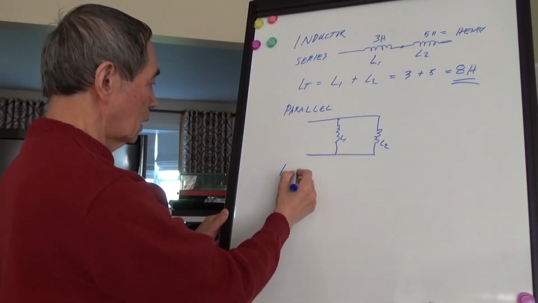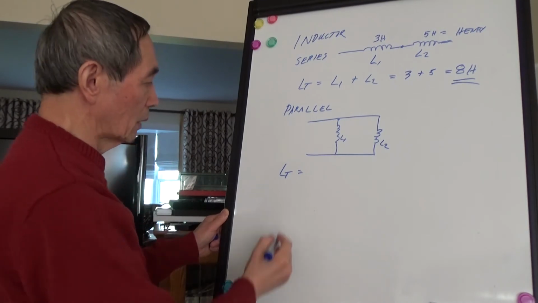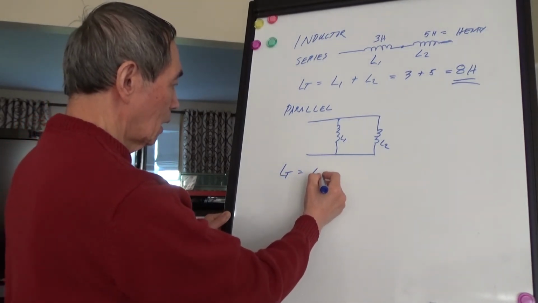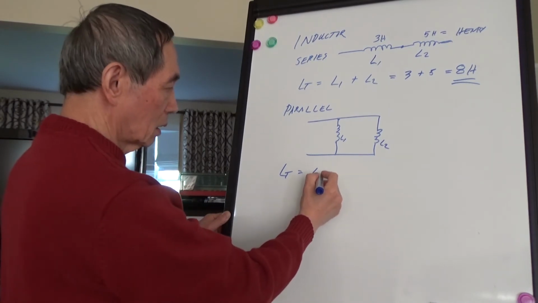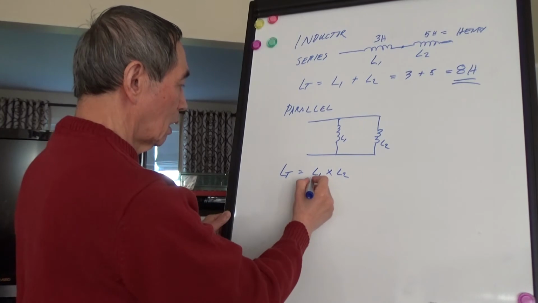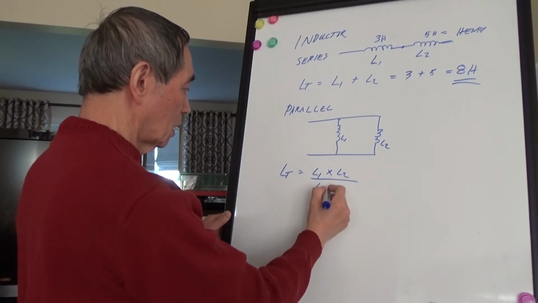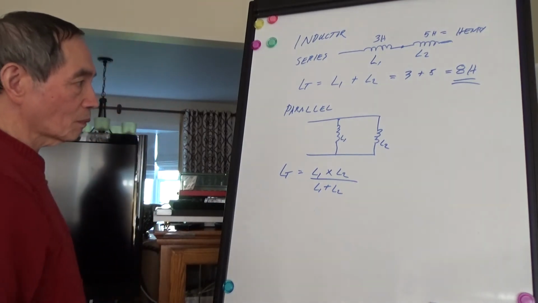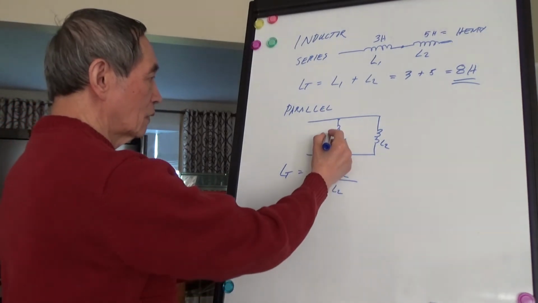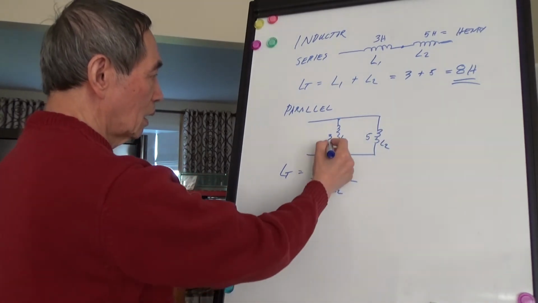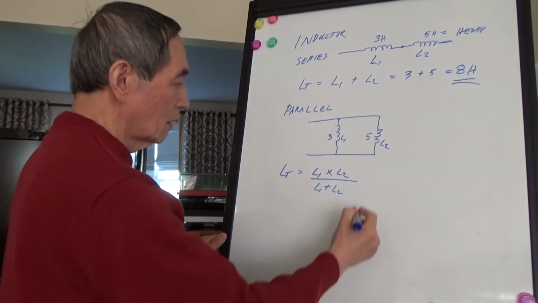The total inductance is the same as the resistor, the product over the sum. Say you have 3 Henrys and 5 Henrys.